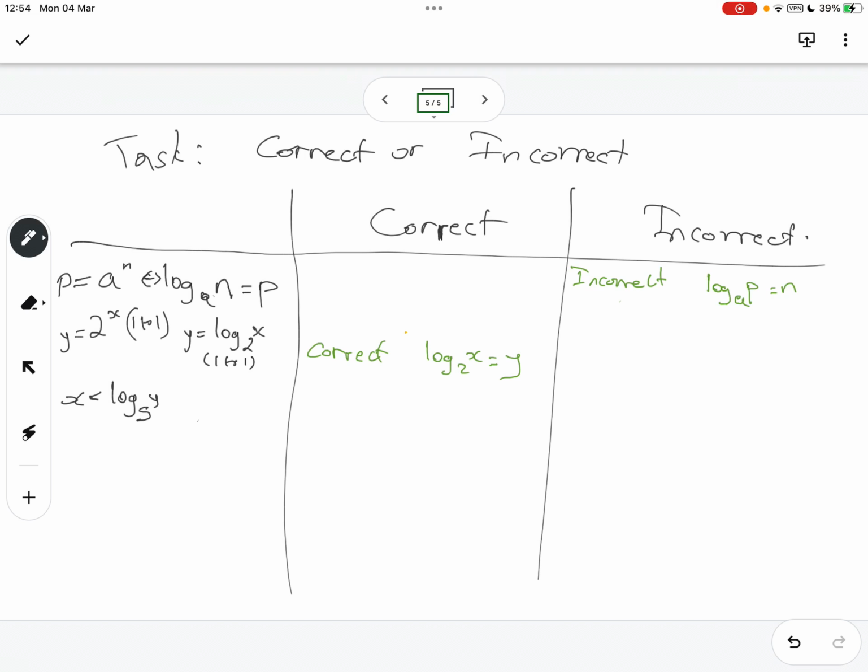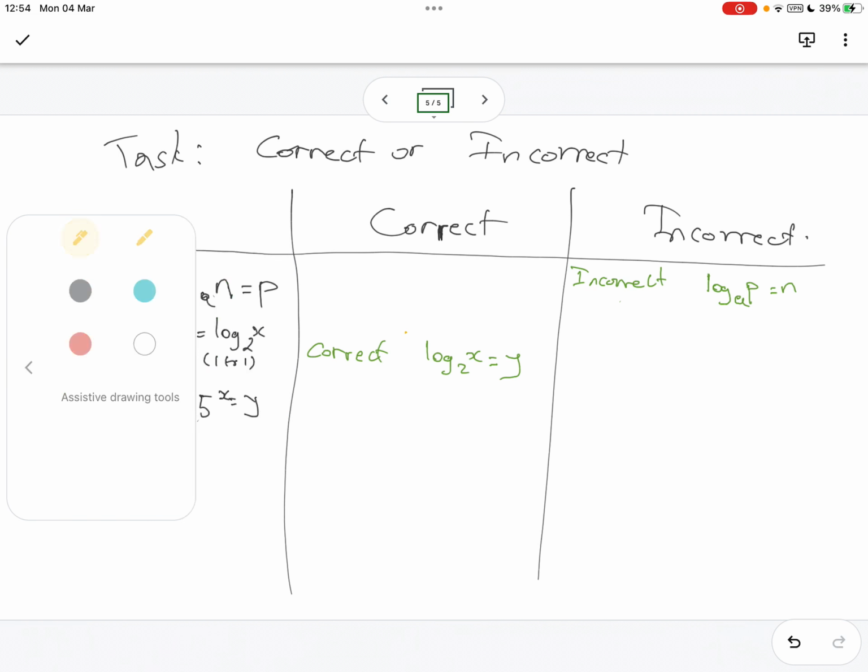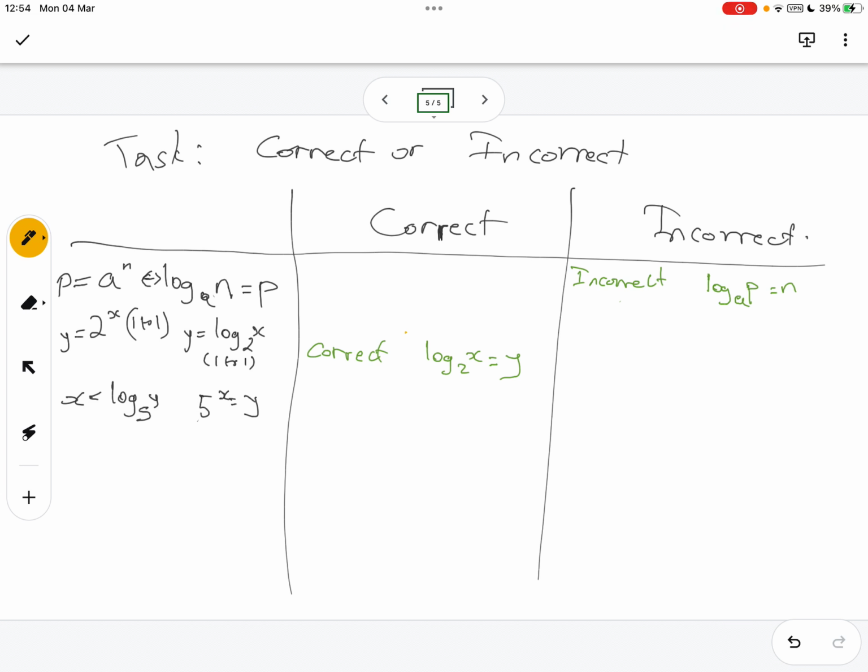x equals log y to base 5, back into exponential. Oh, moving it back. Alright. And this is the inverse of 5 to the power x equals y. So let's first test.